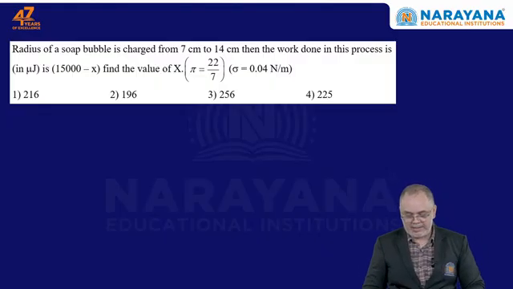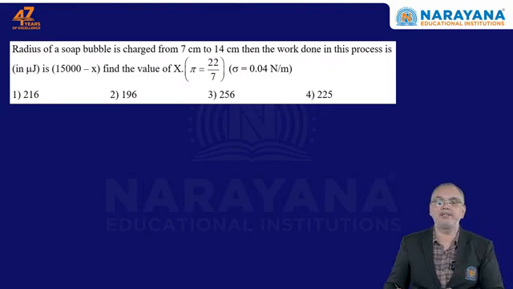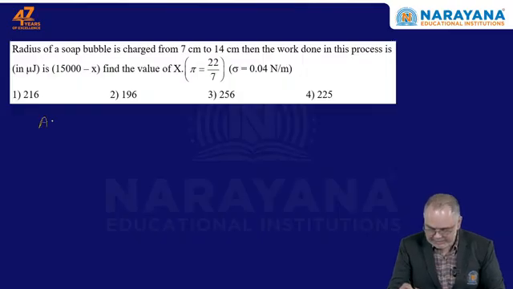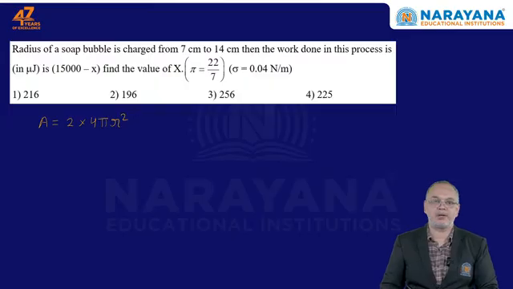So here we can see the radius of the soap bubble is changing from 7 centimeter to 14 centimeter. So we can say we are changing the surface area. The surface area of the soap bubble we can write as 4 pi r square into 2, because we have two surfaces. So area is 2 into 4 pi r square. Work done in this process is surface tension into change in surface area.